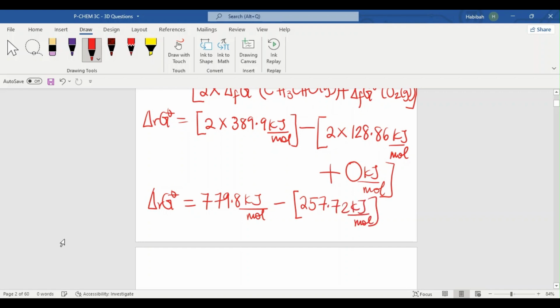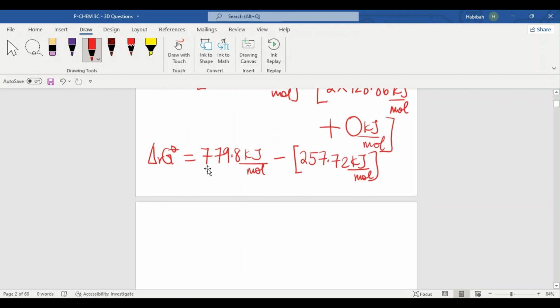So that's basically how it's done. So we're now going to input our information in the calculator. 779.8 minus 257.72 would give us 522.08 kilojoule per mole. So this is basically how this is done.